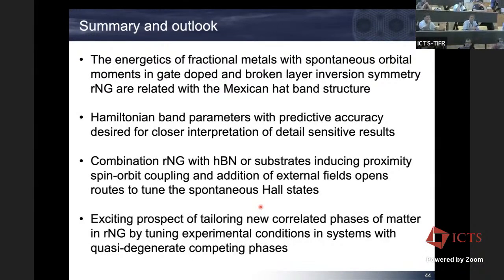Well, actually, one of the latest big discoveries was the fractional Chern insulators and the quantum anomalous Hall effect in the rhombohedral pentalayer system. Maybe I should have shown that figure.